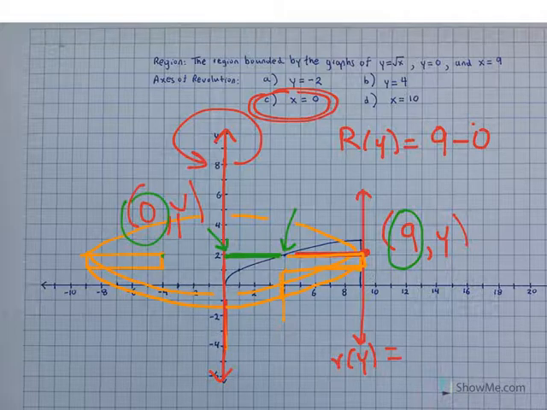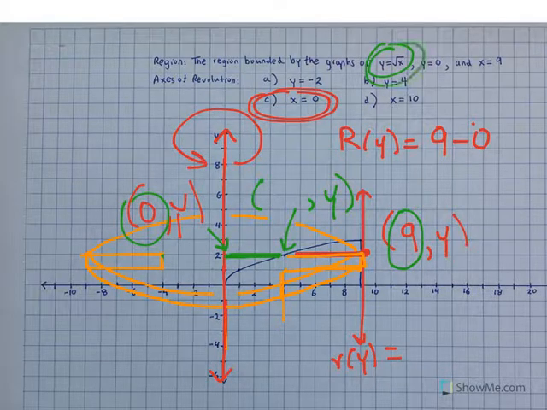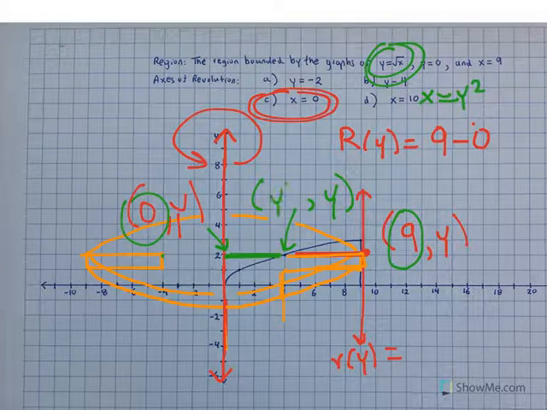The right endpoint is on the graph of y is equal to square root of x. So how would you label the coordinates of the right endpoint? Well, the y coordinate is variable from 0 to 3. The x coordinate, it's on the graph of y is equal to square root of x, so x is equal to y squared. So you're going to write y squared here.